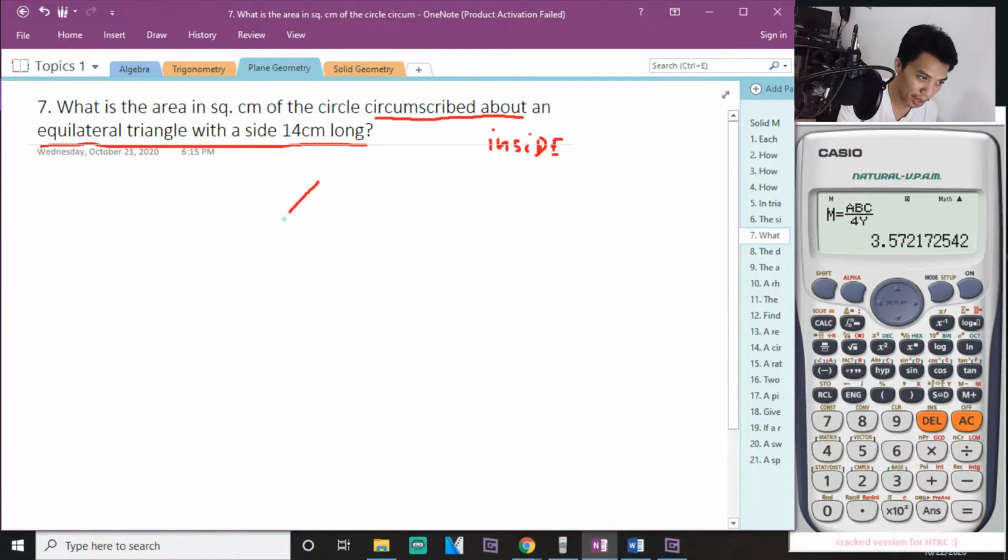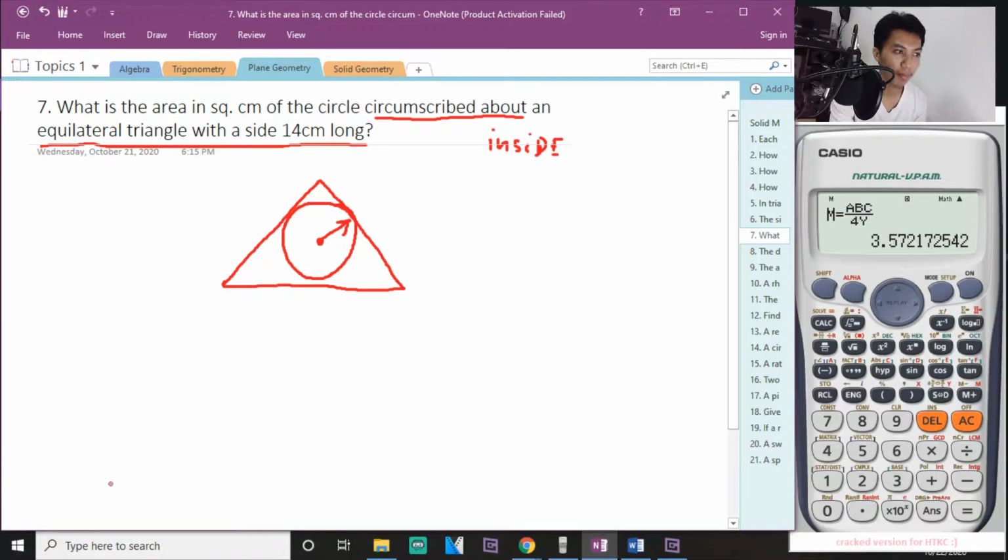Circumscribe about, ibig sabihin nasa loob. So, ibig sabihin, equilateral triangle daw to at nasa loob yung circle mo. Yan. Wala tayong R. Hindi natin alam yung R. So, the area of the triangle is equal to ABC over 4R.